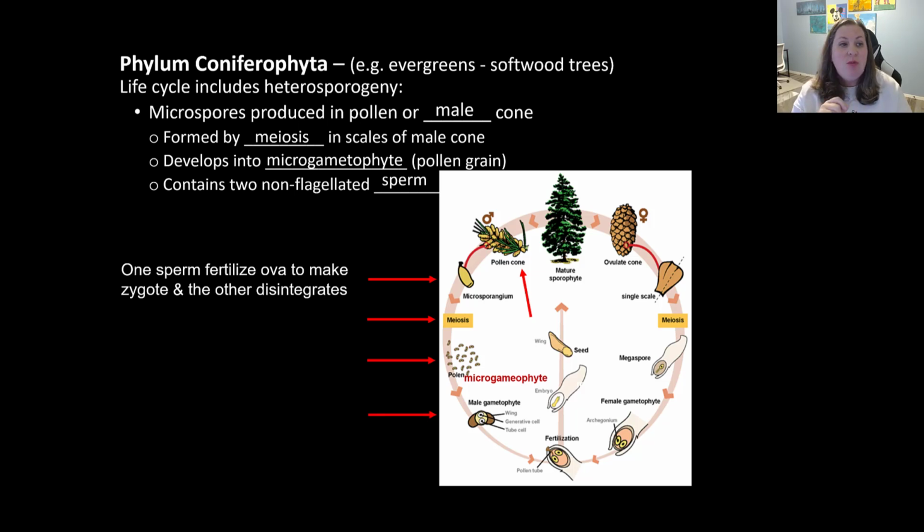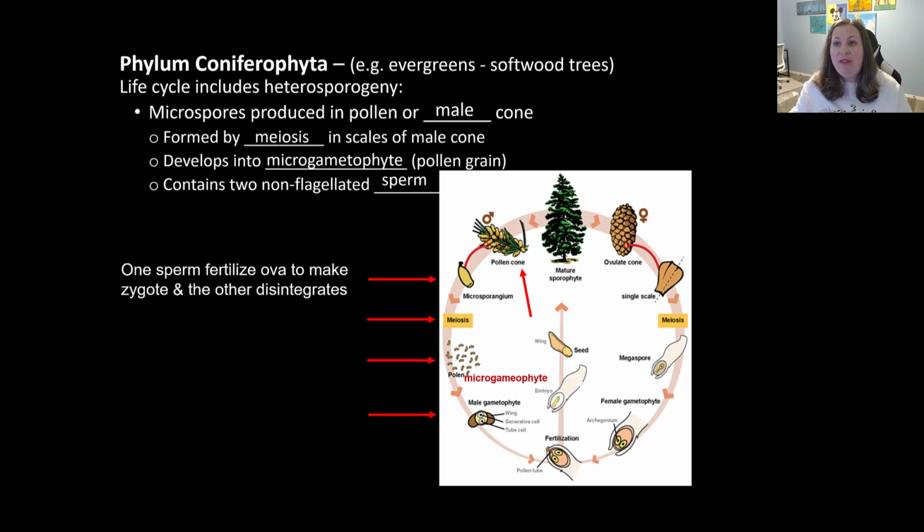And so when an actual fertilization event occurs, because there's 2 sperm in there, one sperm is going to fertilize the actual egg, and that's what's going to make the zygote, the new plant. But the other is going to just disintegrate. So they have a 2-shot system that's ready here. One will ultimately fertilize the egg, the other one just gets removed.